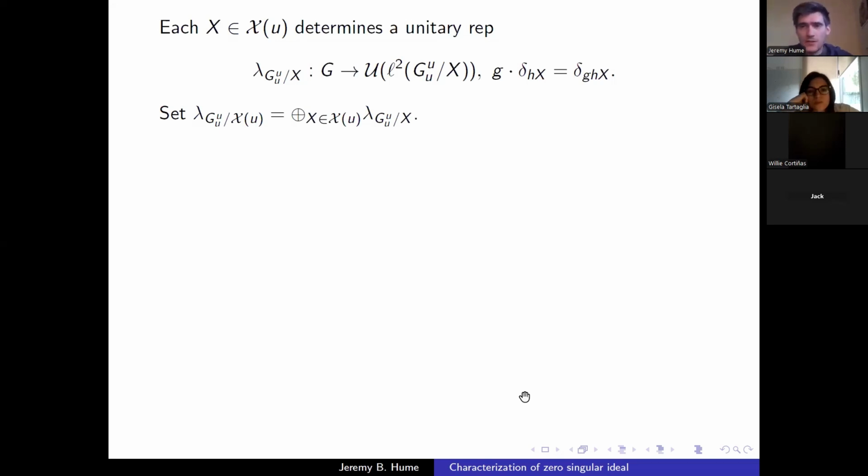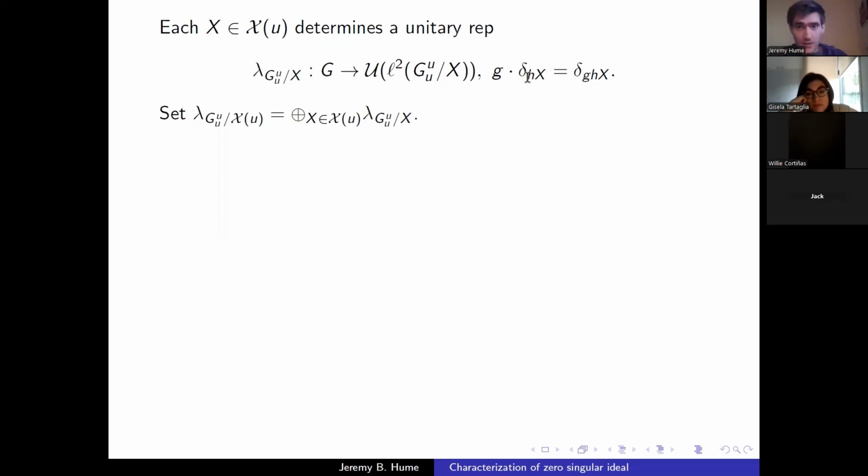So each of these subgroups determines a unitary representation. It's usually called the left regular representation. So this G should be the isotropy group of G. Sorry, this should be G upper u lower u. The unitary representation is defined on the left cosets of the subgroup X, and it's implemented by coset translation.